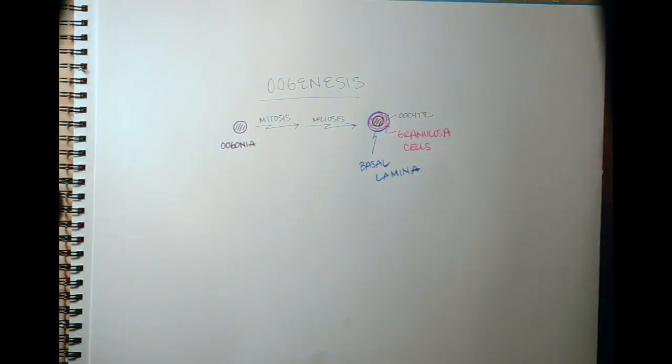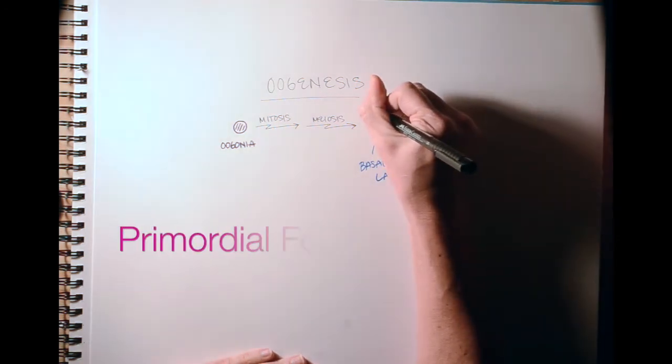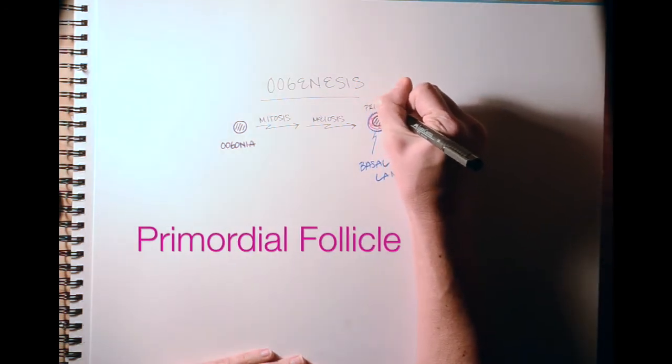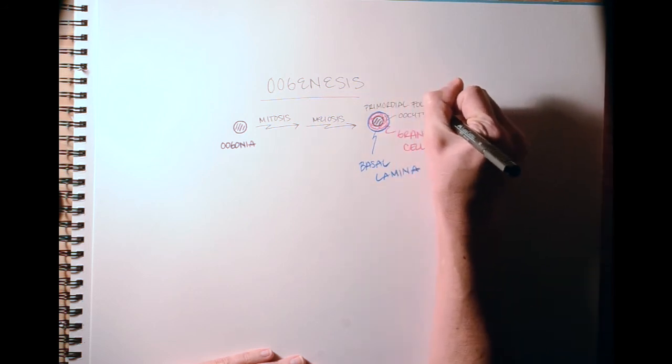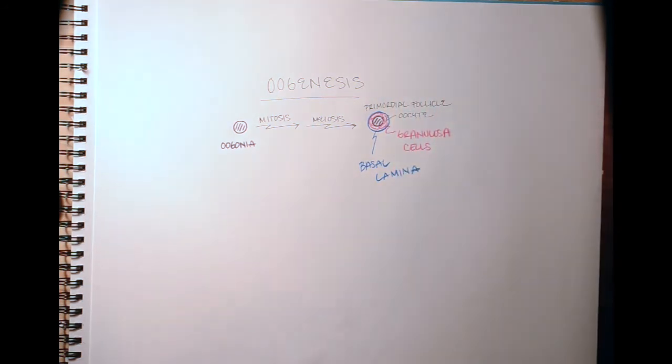So that's the basic configuration of the follicle at the end of oogenesis. This is called the primordial follicle. And again, it is going to be established during the embryonic period, so prior to birth, we'll see establishment of these primordial follicles.